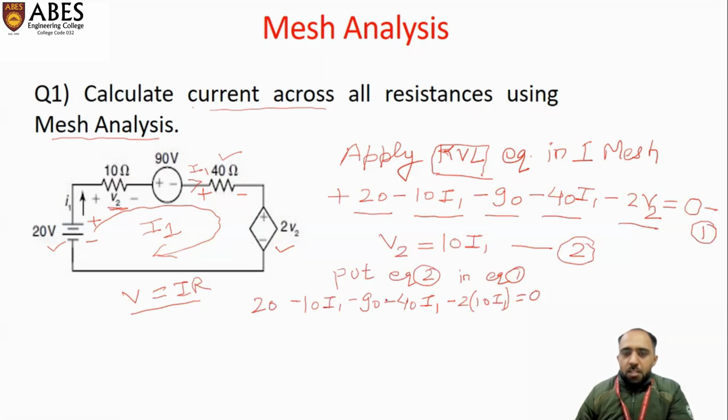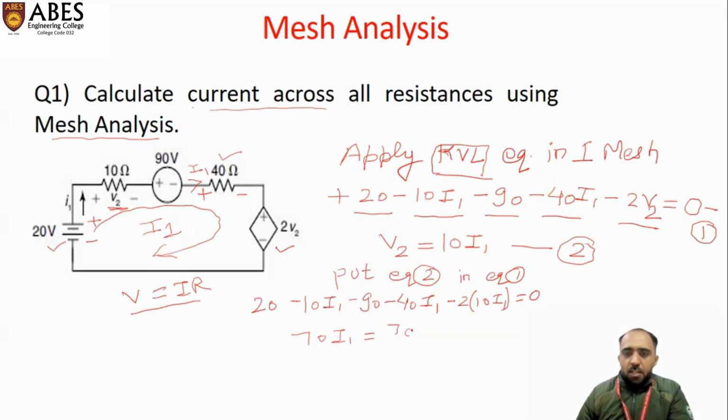So on solving this, 70 I1 is equal to minus 10 I1 minus 40 I1 minus 10 into 2, 20 I1, 70 I1 and minus 70.